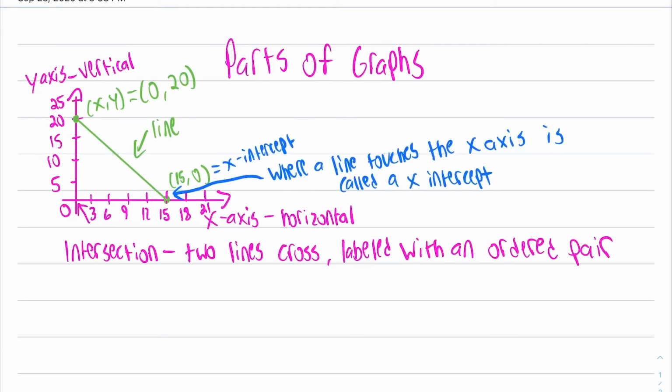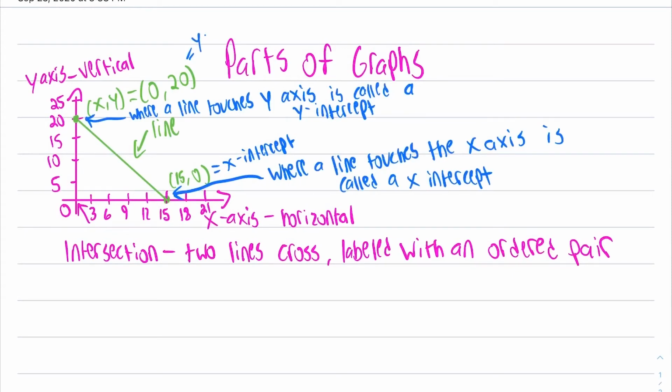There's also a y-intercept. You get an x-intercept when you touch the x-axis and a y-intercept when you cross the y-axis. This ordered pair, 0, 20, is the y-intercept. And now that's everything that I can fit in this spot. So I'm going to copy this graph so I don't have to draw it again.